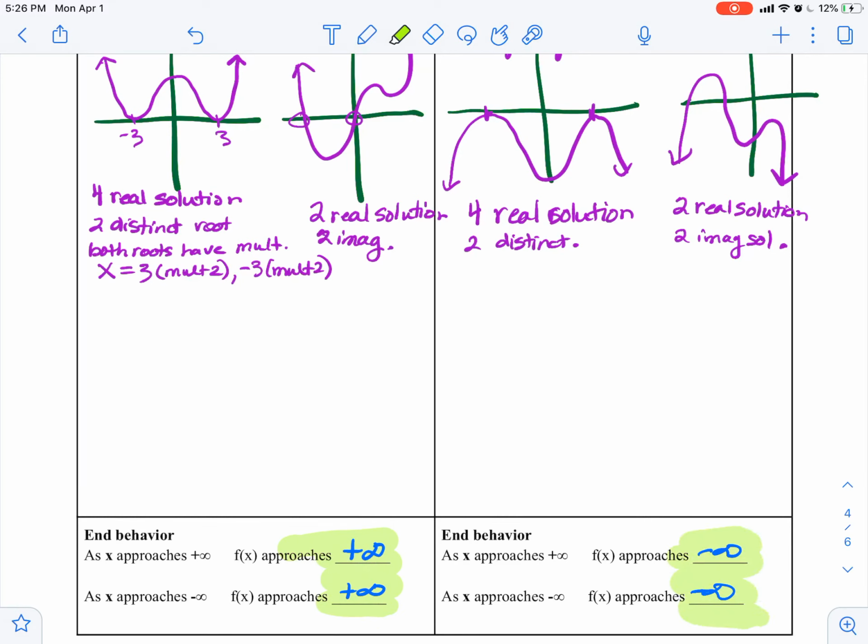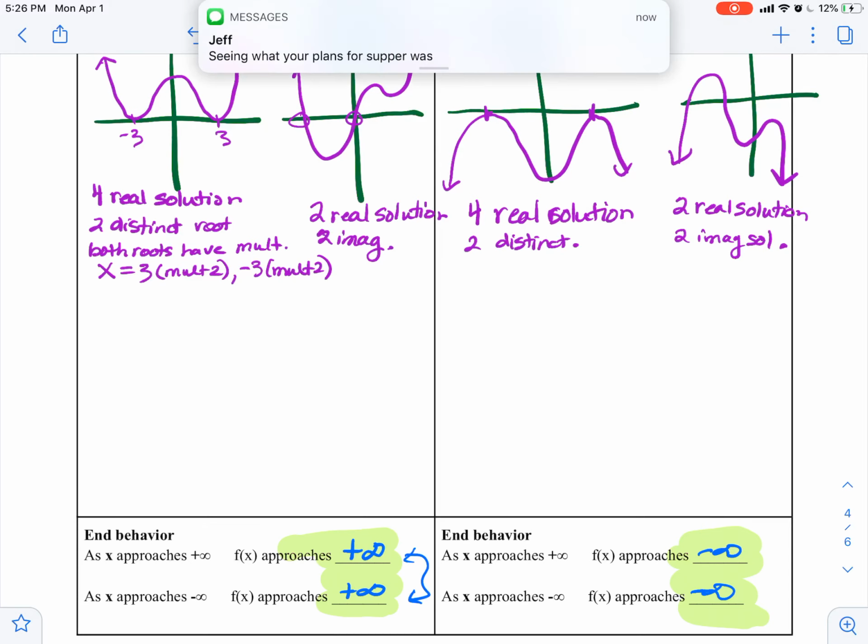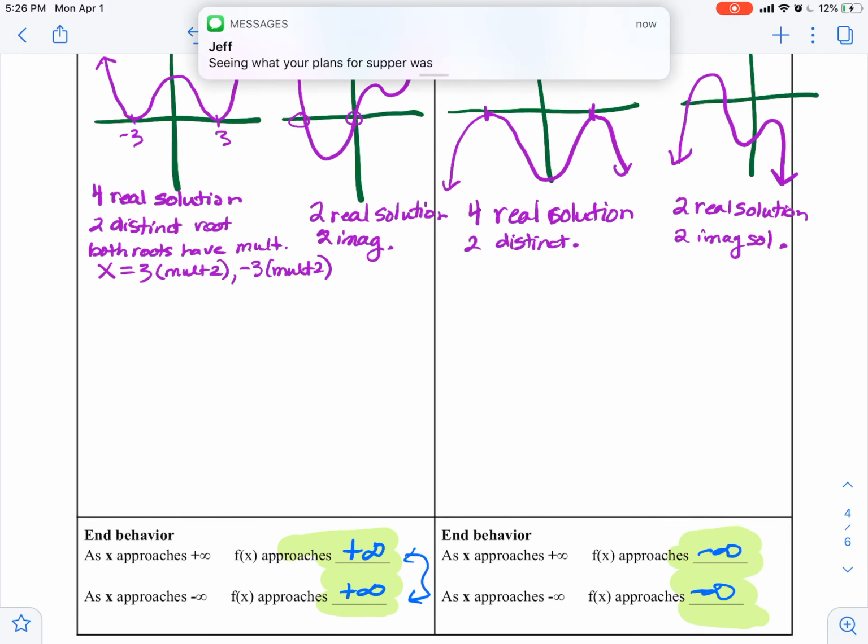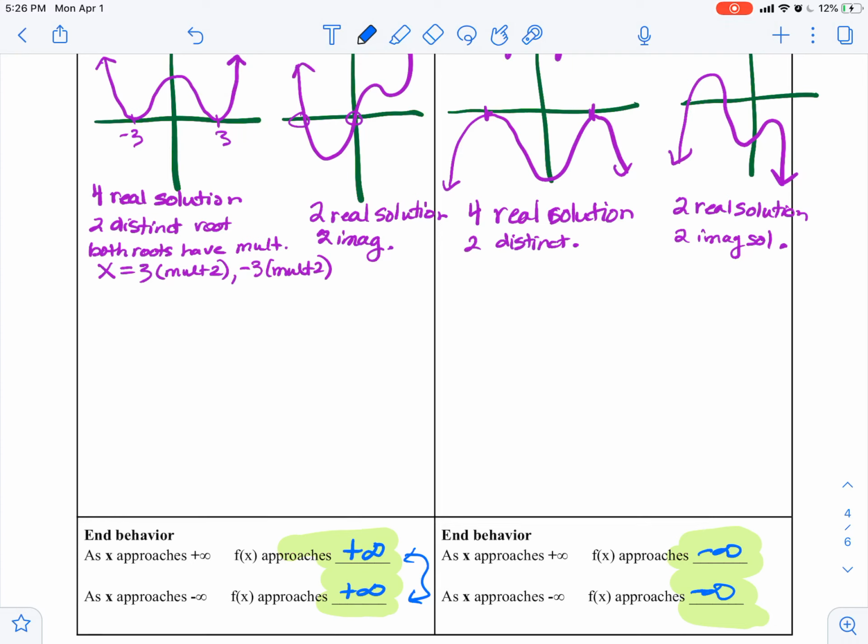So if nothing else, you take away from this that if I have odds, 1, 3, 5, these two things will be just the opposite of each other. If I have evens, they're exactly the same answer. The only part you're going to have to remember is whether or not you're going up or down.